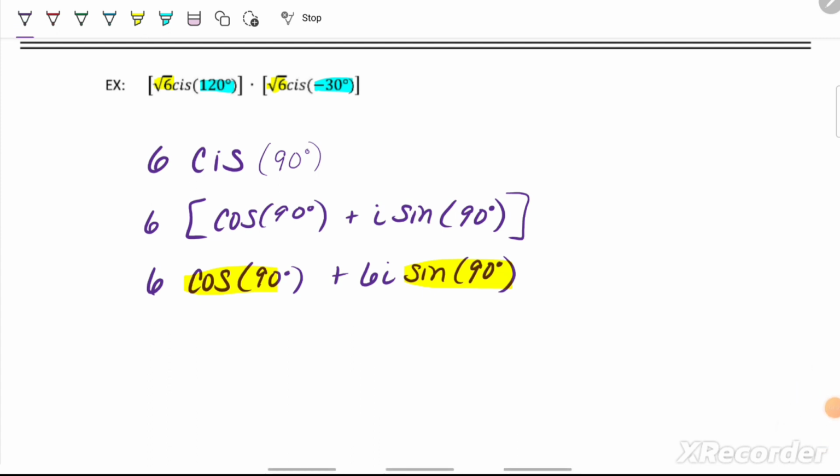Cosine of 90 degrees is 0. And sine of 90 degrees is 1. So 6 times 0, that's 0. We end up with a final answer of just 6i.